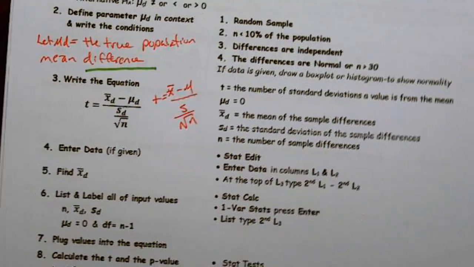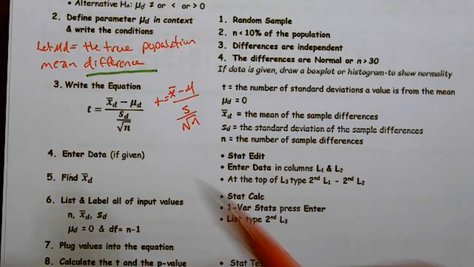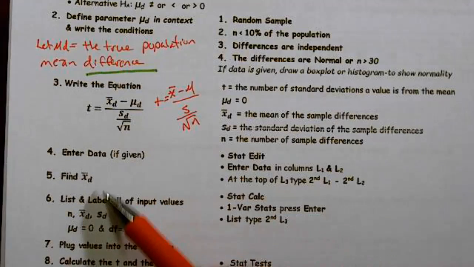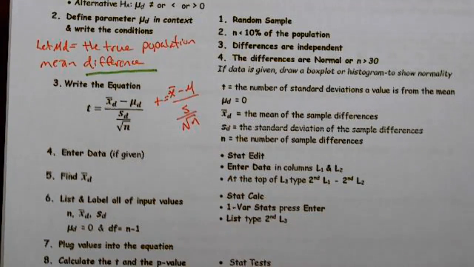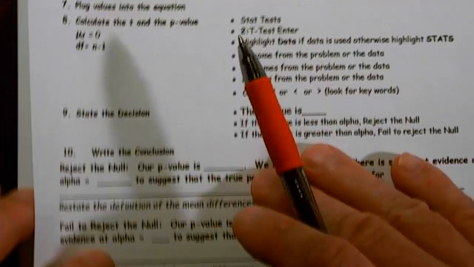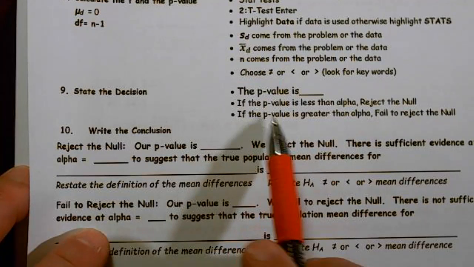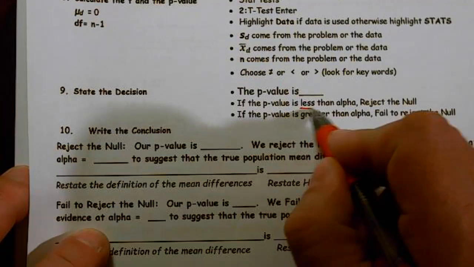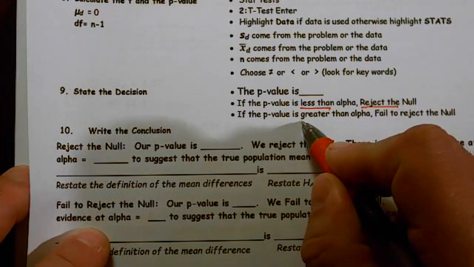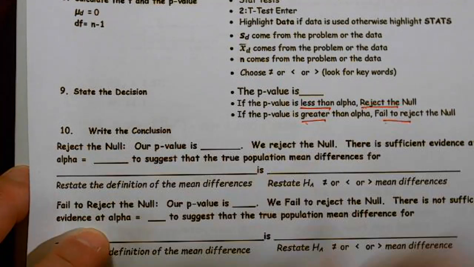All right, so the next thing, we'll enter the data. We'll find our missing components. We'll calculate our p-value. Once we've calculated our p-value, we'll state our decision, and it'll be the same decision. If the p-value is less, we reject. If it's greater, we fail to reject.